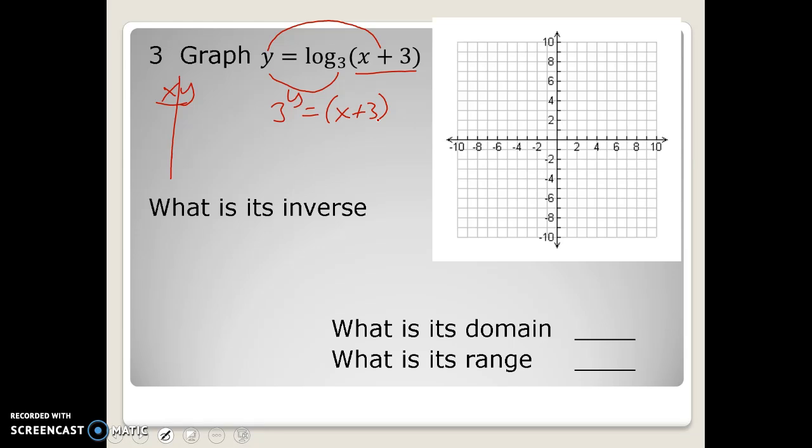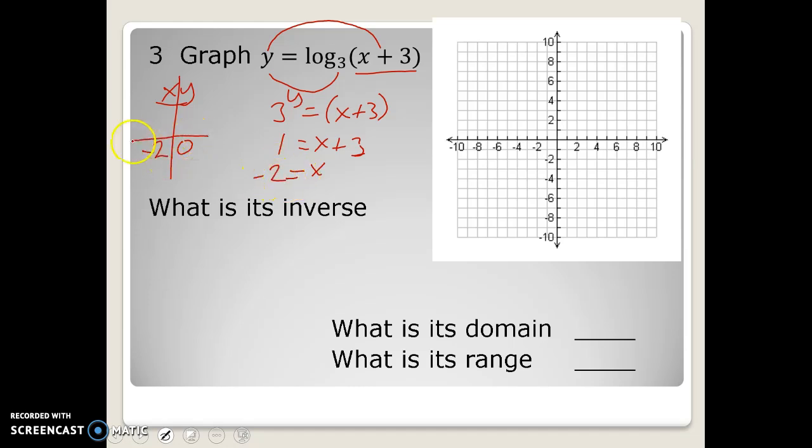In the past, we always plugged in a 0 for y. If I plug in a 0 for y, then 3 to the 0 is going to be 1, and I need x plus 3 to give me a value of 1. If I subtract 3 from both sides, I'll have that x is equal to negative 2.